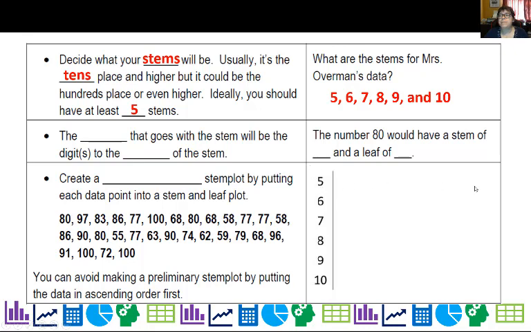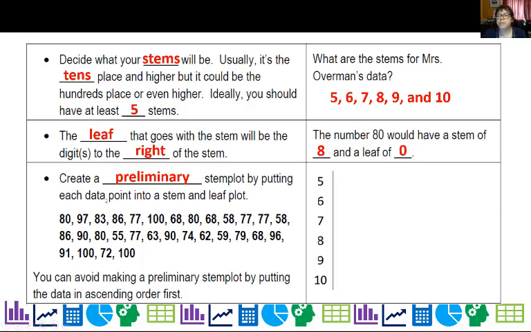Then I'm going to start making branches from each one of these stems. And the leaves that go with the stem will be the digits to the right of the stem. So the number 80 would have a stem of 8 and a leaf of 0. To make your life easier, it's usually better to create a preliminary stem plot and then do a final.